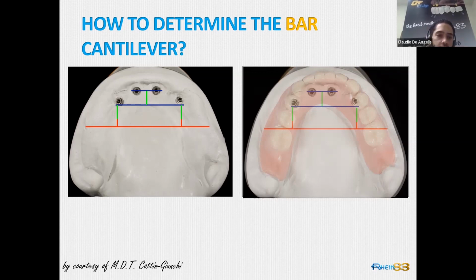And then you can put the same amount of distance in the distal area, the cantilever, by a maximum of 1.5. And in this way, as you can see on the right side of your screen, you can reach at least the first molar, which is more than enough.